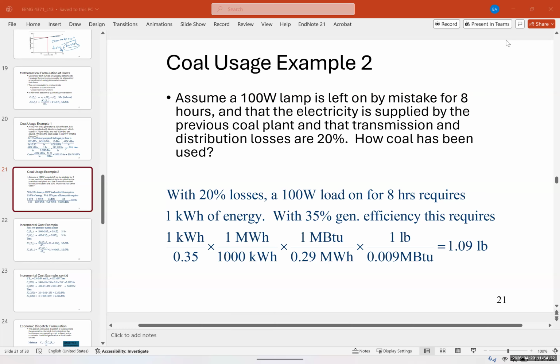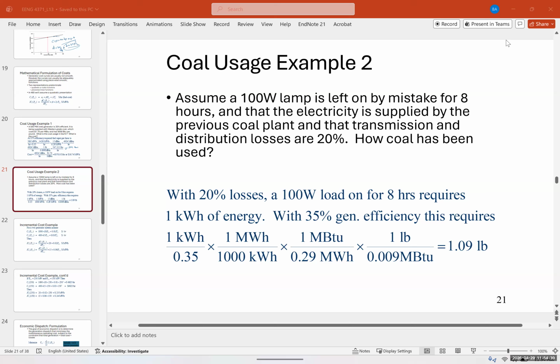So with a 20% loss, a 100-watt load on for 8 hours requires about 1 kilowatt hour of energy. Because 8 hours is going to be 800 watt hours, and you have the 20% on top of that, so it's going to be around 1 kilowatt hour.